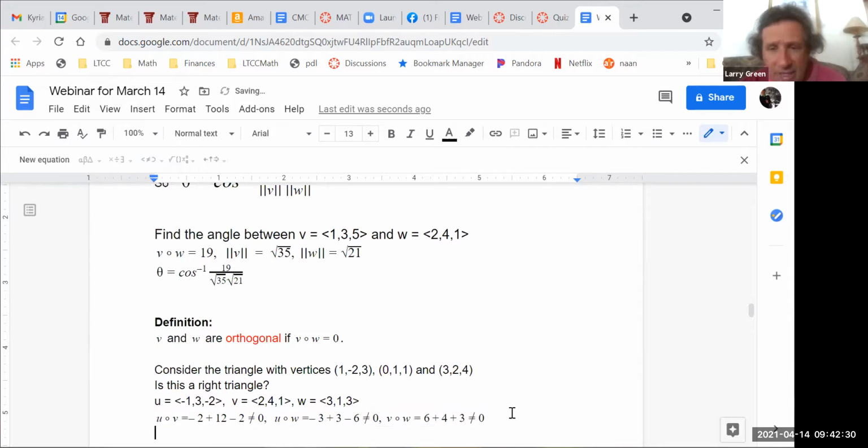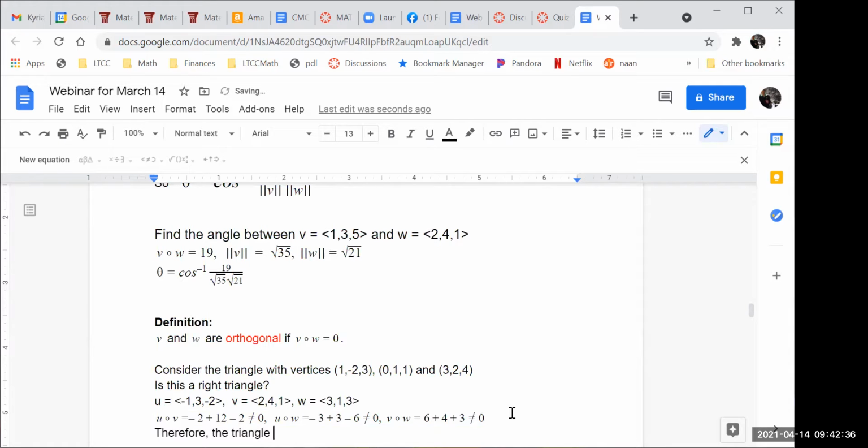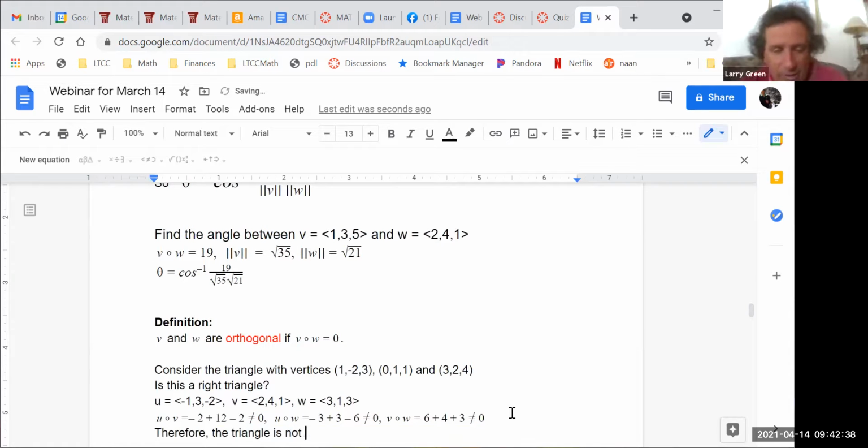So what's the conclusion? Not orthogonal. Yeah, the triangle is not a right triangle. Any questions on this? Notice that this sounds like a geometry problem. No pictures needed.